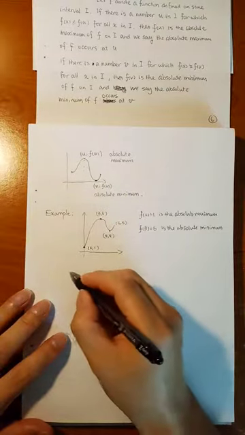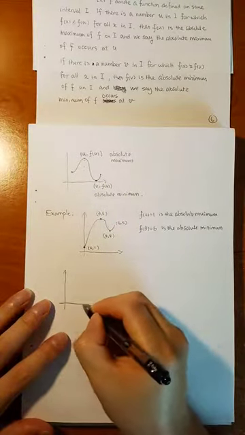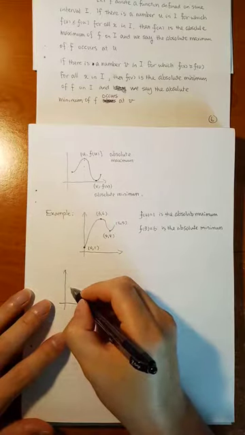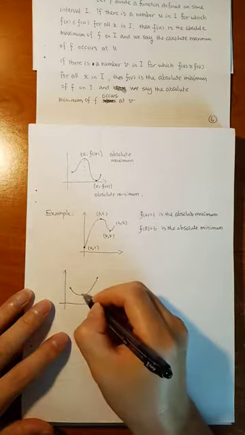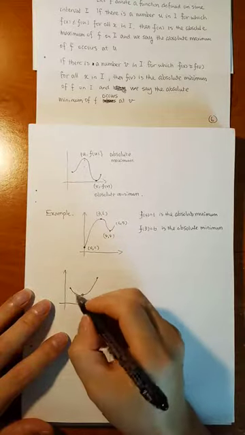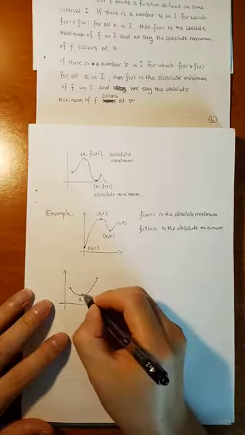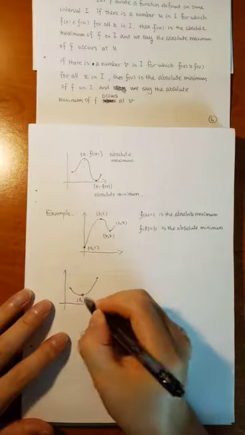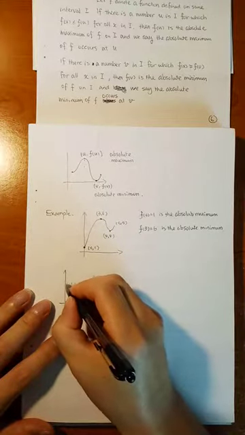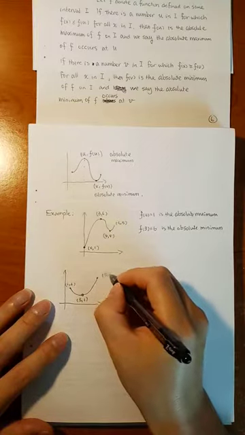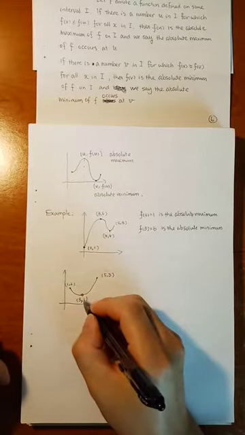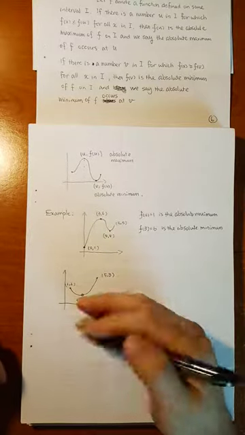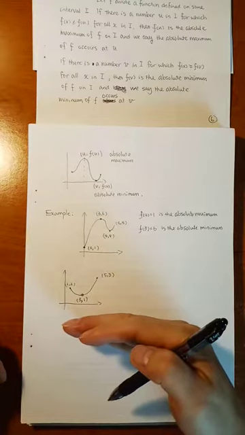and I draw a circle, which means this point is missing. From here you can see that if this point (3, 1) is not missing, the point (3, 1) is the lowest point, and it will give us the absolute minimum.